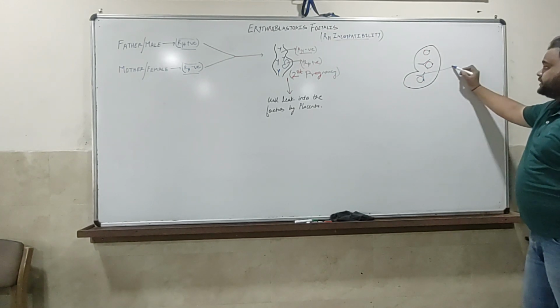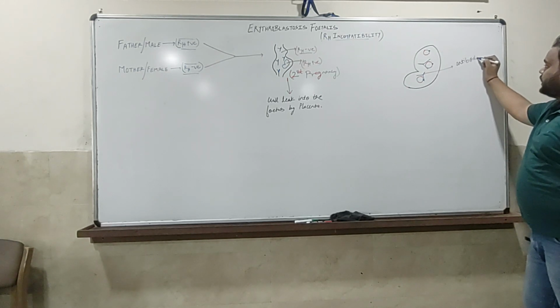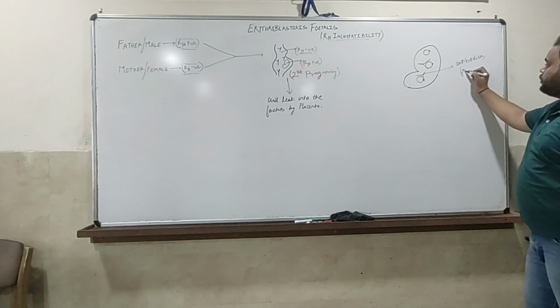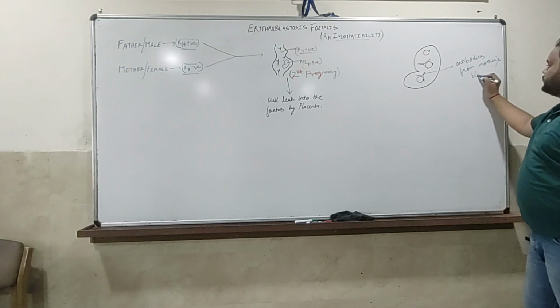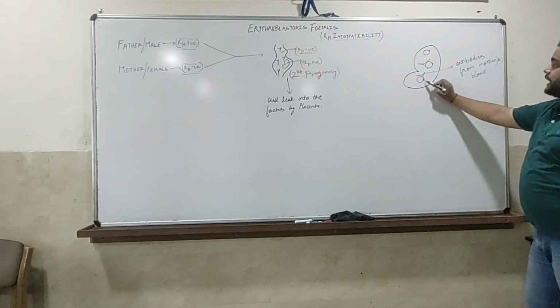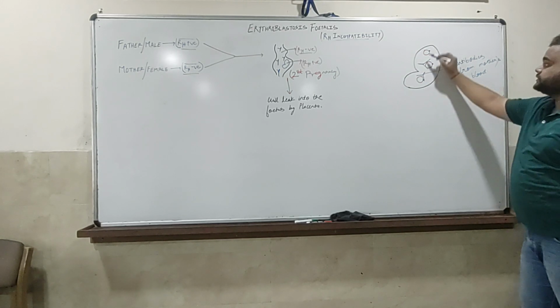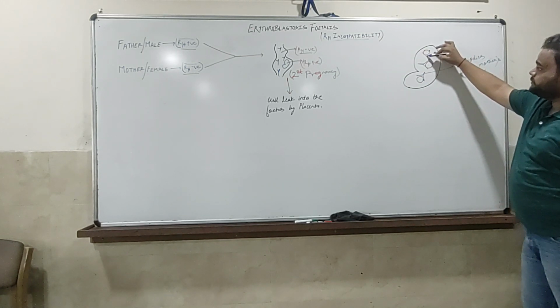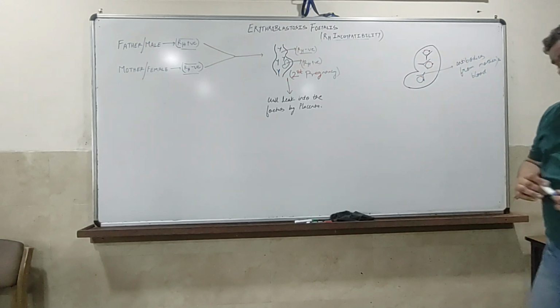So these antibodies from the mother's blood attack the fetal RBC containing the Rh antigen on the surface.